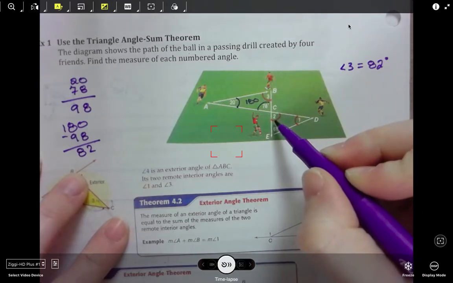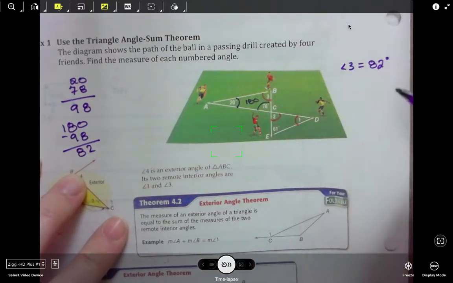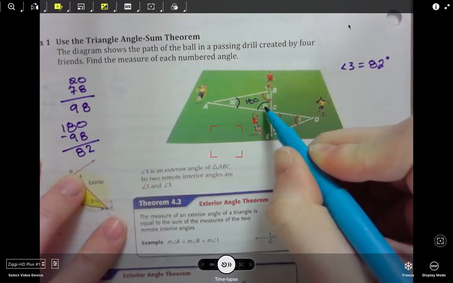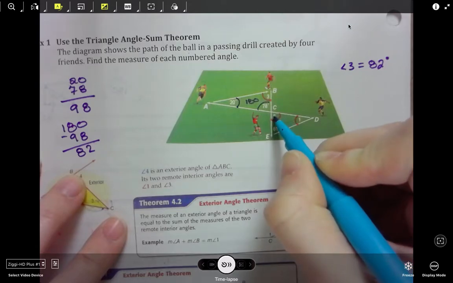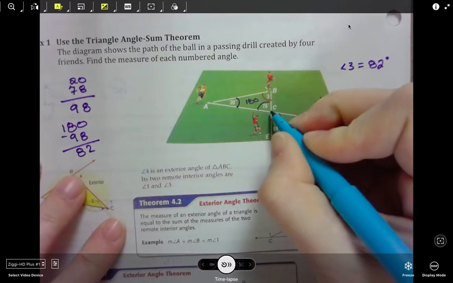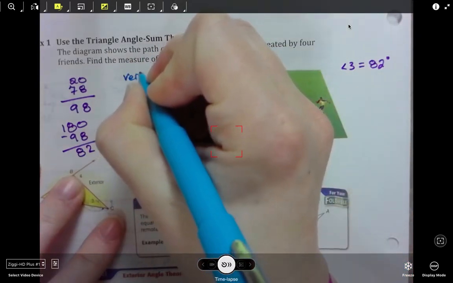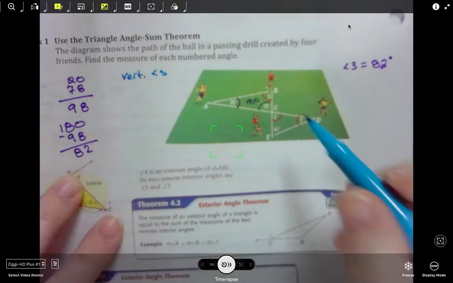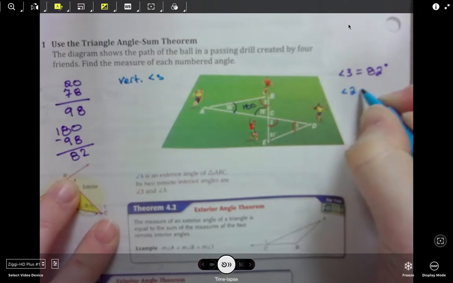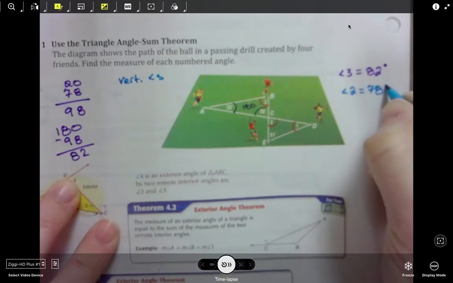Now let's go to angle 2 instead, because I can't solve angle 1 yet. If you look across from angle 2, 78 degrees is across from it. So angle 2 and that 78 degrees are vertical angles. I'm going to write that down so you can remember how we got that. Angle 2 has to be 78 degrees also, because vertical angles are congruent.